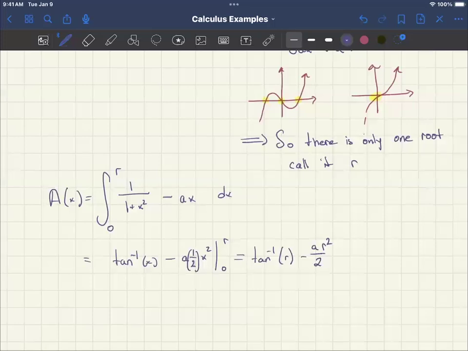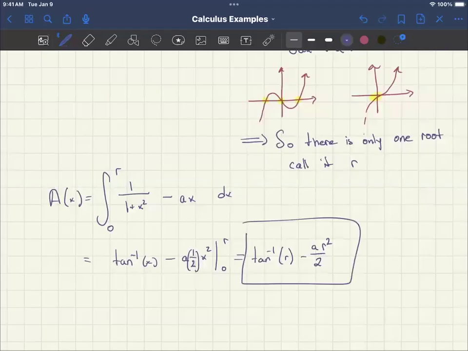And when we plug 0 into this whole mess, tan inverse of 0 is 0. Plugging 0 in for x squared kills this term. So in fact, what we've got here is the entire solution. That is what that area is equal to.